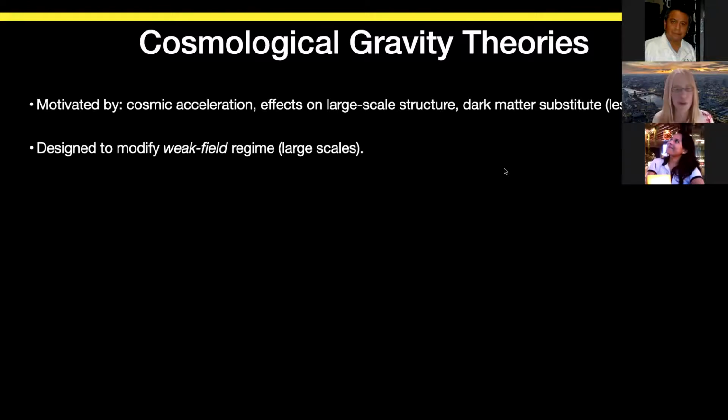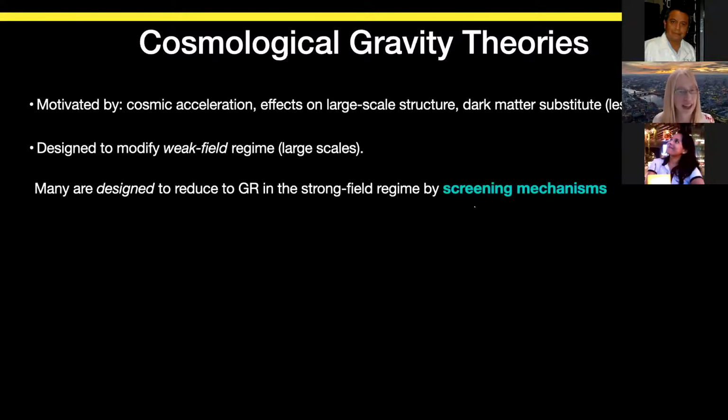There are other classes of theories, like the ones Jutta presented, that are studied because of their strong field phenomenology. Today, we're in the weak field regime. And what that means is that we often have to build our theories such that they reduce to general relativity in the strong field regime or in very well-tested environments like the solar system.